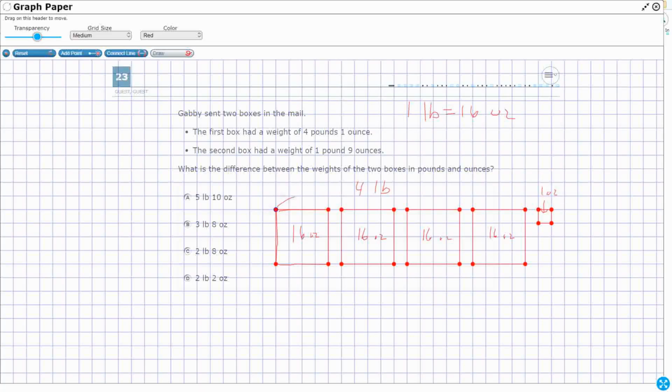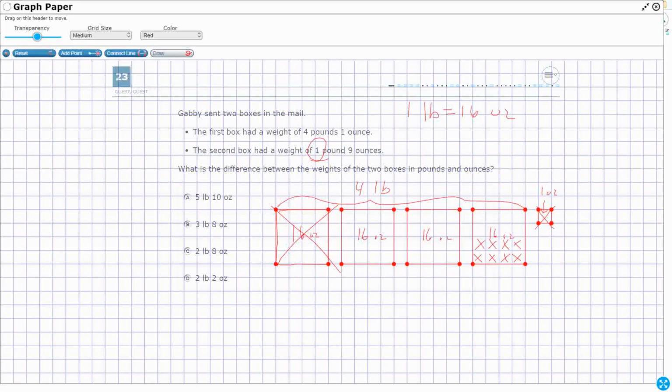So if I'm needing to subtract, right? So what I could do is I could just take away, first off, 1 whole pound. So that's gone. Now I need to take away 9 ounces. Okay, so I'm going to start here. I'm going to say 1. Then I'm going to start taking away little ounces. 2, 3, 4, 5, 6, 7, 8, 9.